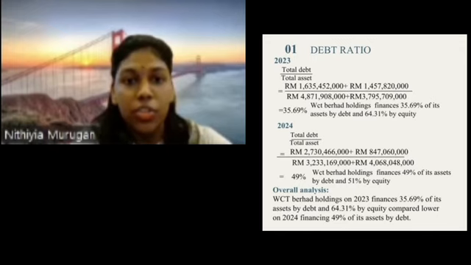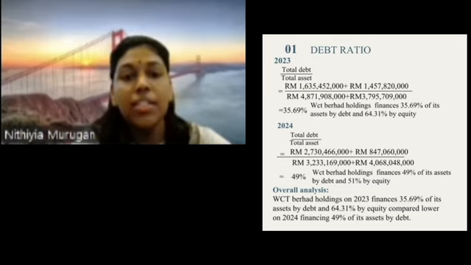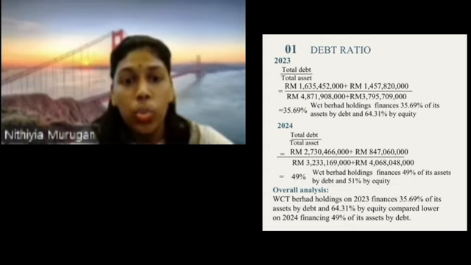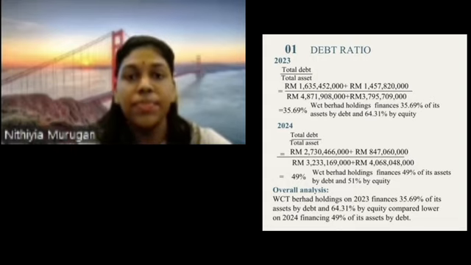The overall analysis shows that WCT Berhad Holdings in the year 2023 financed 35.69% of its asset by debt and 64.31% by equity, compared to the year 2024, financing 49% of its asset by debt.